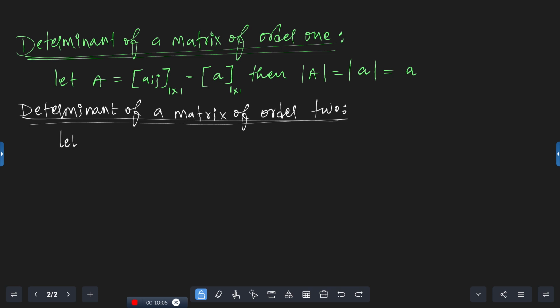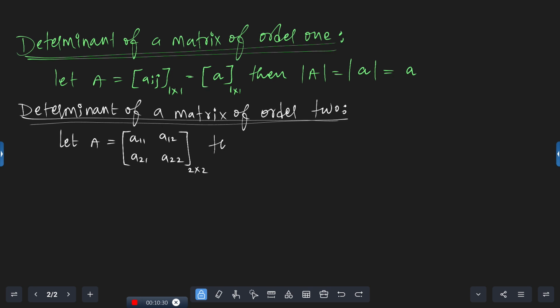Here also we have to take a matrix: A, B, C, D. First row first column, first row second column, second row first column, and second row second column. The order is 2 by 2. One matrix of order 2 by 2 I am taking here.